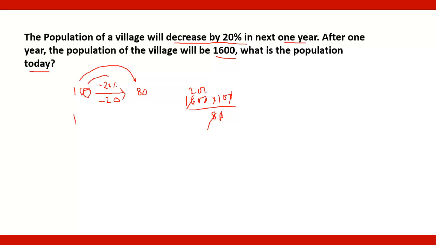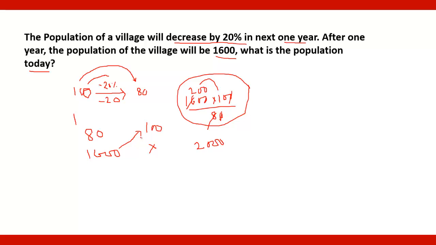It will be 200, and 200 into 10, that will be 2000. This term you get by writing like this. For the population of 80, it is 100. So for the population of 1600, what will be its original population? So we cross multiply this to 1600 into 100 and divide it by the first one, because this is a direct variation.